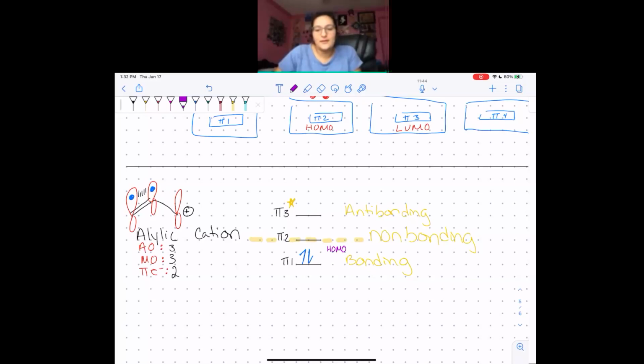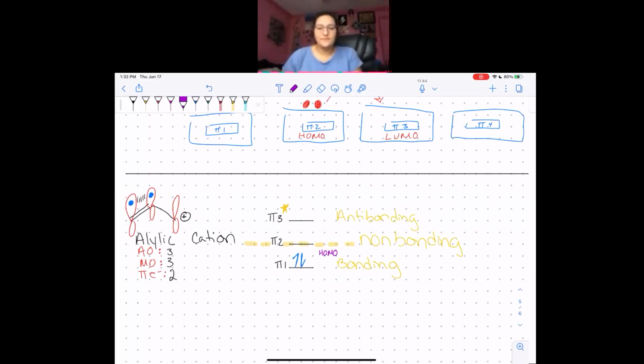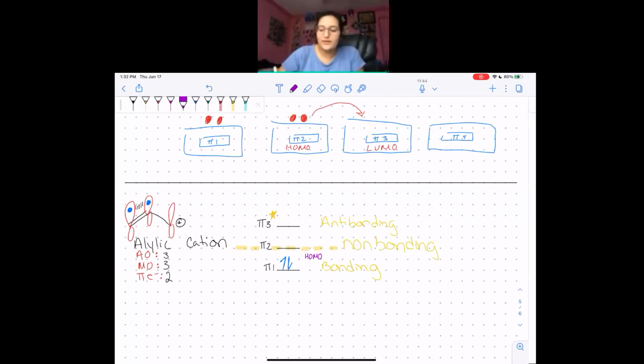Okay, we got a couple different answers. Someone said 2, someone said 3, someone said maybe there isn't one. So the non-bonding kind of trips you up, right? But when we're talking about our baskets, we're going to put the LUMO label on the first empty basket. And this is the first empty basket.